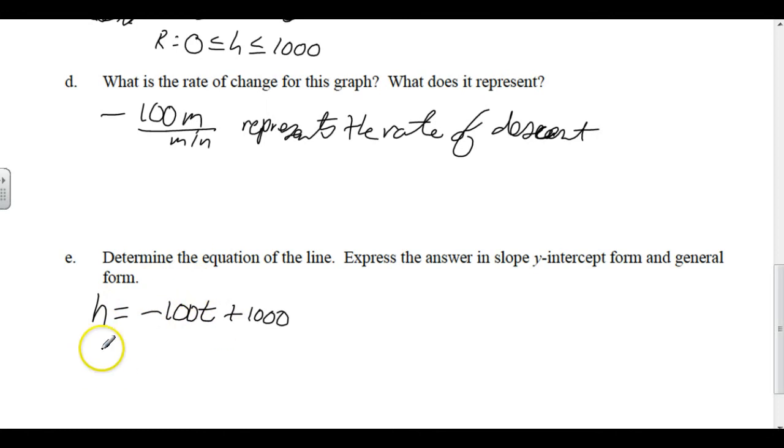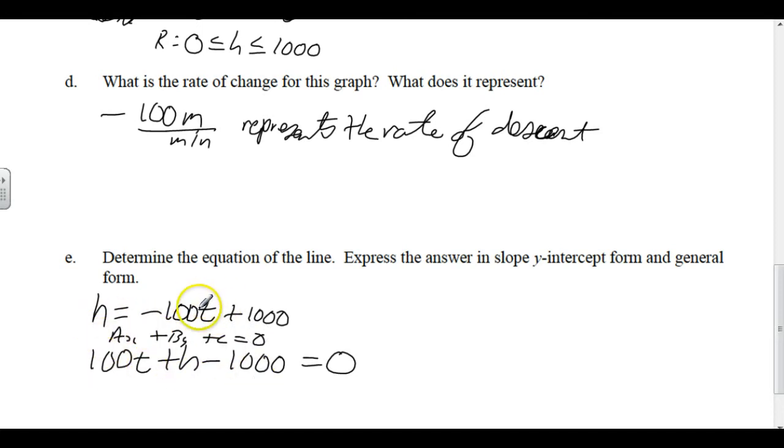This is our x value. So it'll be 100t, you move that over, plus h minus 1,000 is equal to 0. So it's ax plus by plus c is equal to 0, where a, b, and c are integers, and a is positive, right? And a goes with the independent variable.